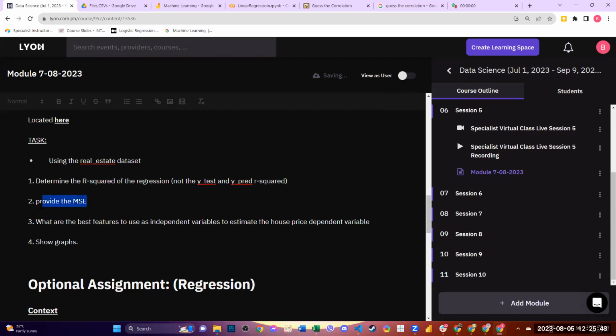Then also provide the mean square error. So what are the best features to use as an independent variable to estimate the house price dependent variable?